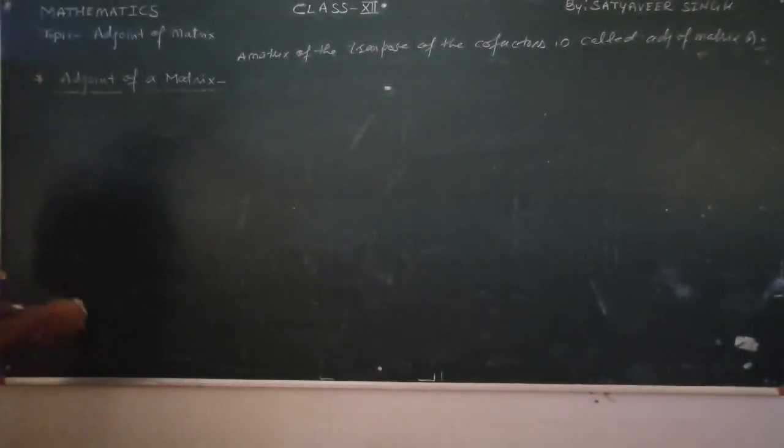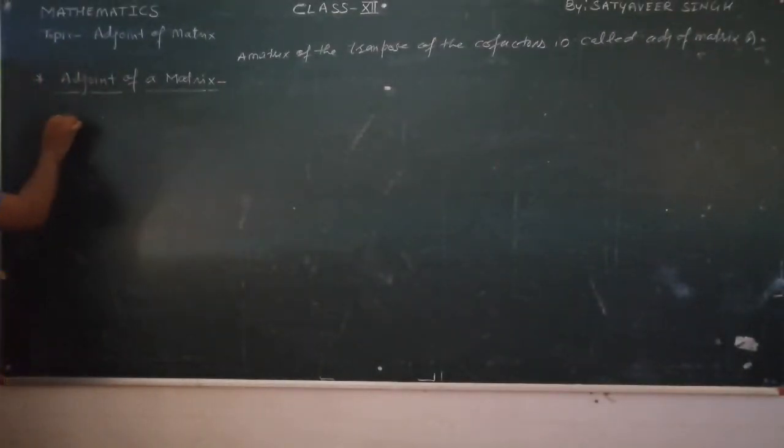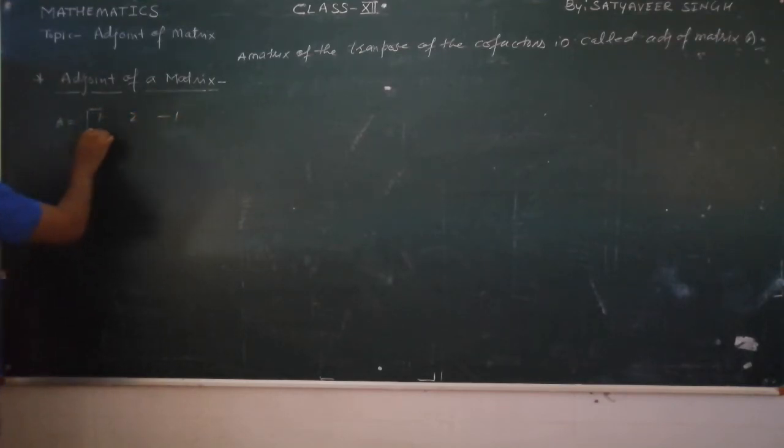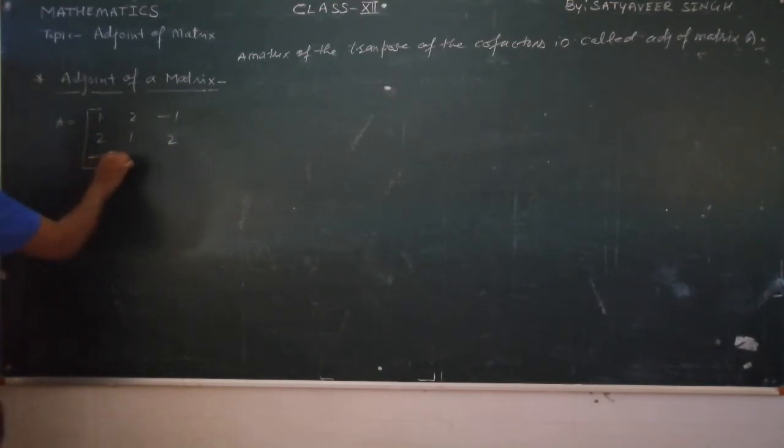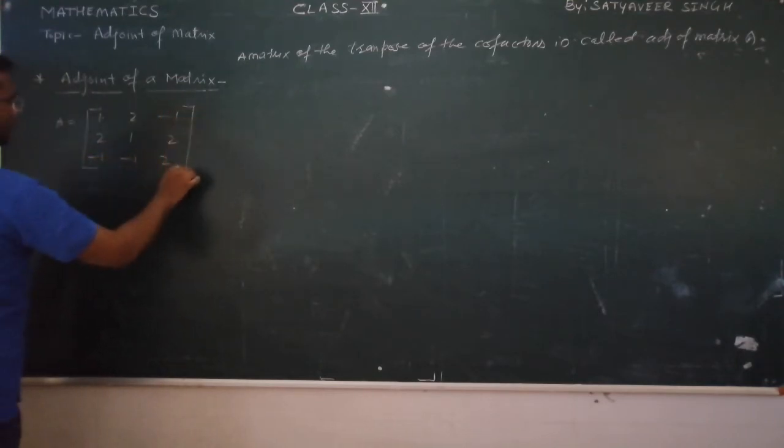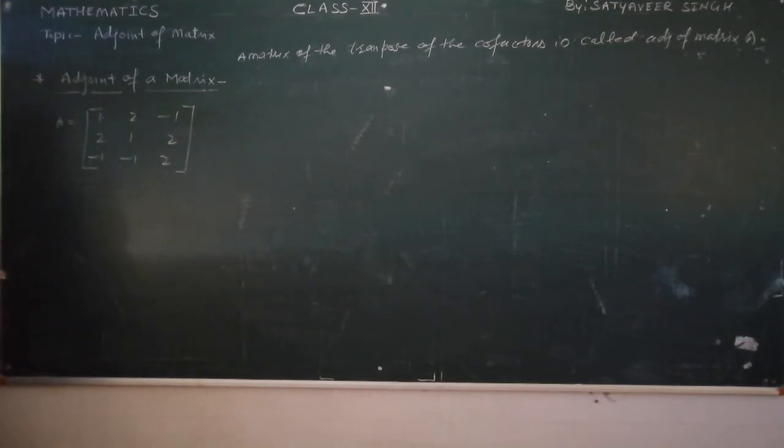See now, I'll take one example of a matrix which is of order 3. So I am taking here 1, 2, minus 1, 2, 1, 2 and minus 1, 2. Suppose a matrix I have taken, I want to find out the cofactors of this. I want to find out the adjoint.